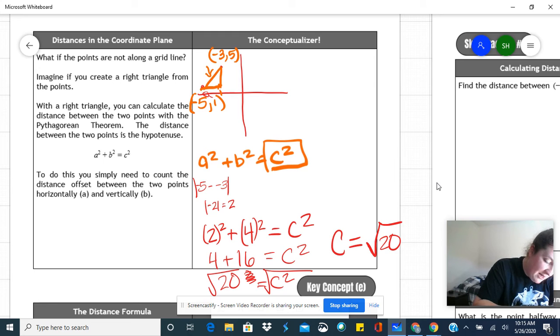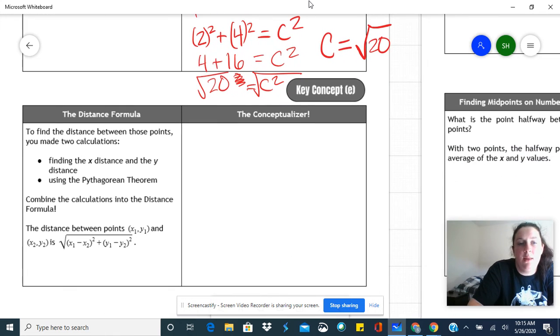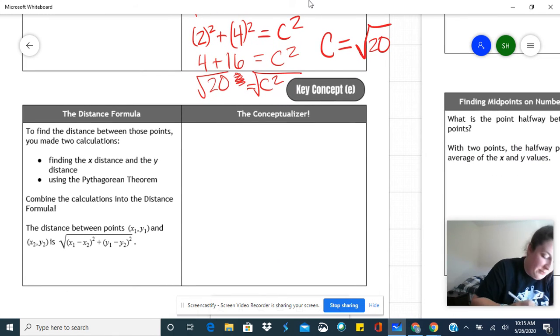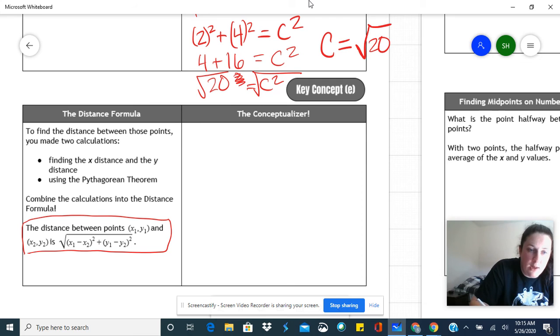So then your second option is to use the distance formula. The distance formula, you can see right down here, is the square root of x1 minus x2 squared plus y1 minus y2 squared. So if we have 1, 5 and 3, 7, I want to find the distance between those 2 points.